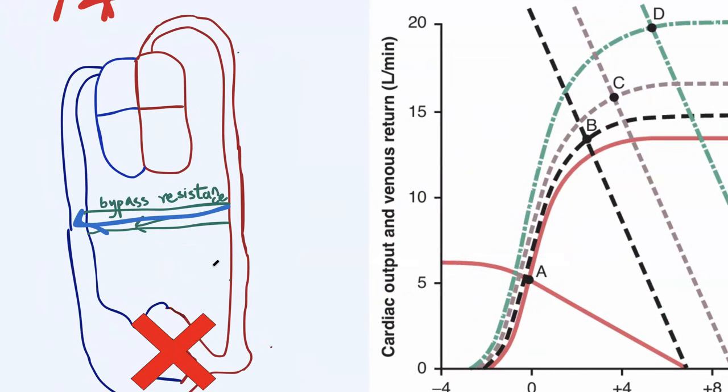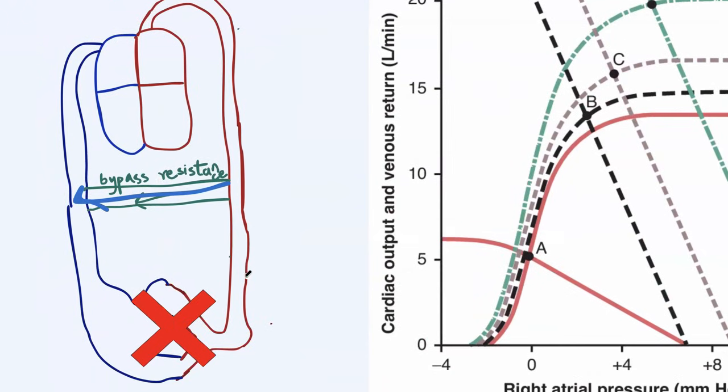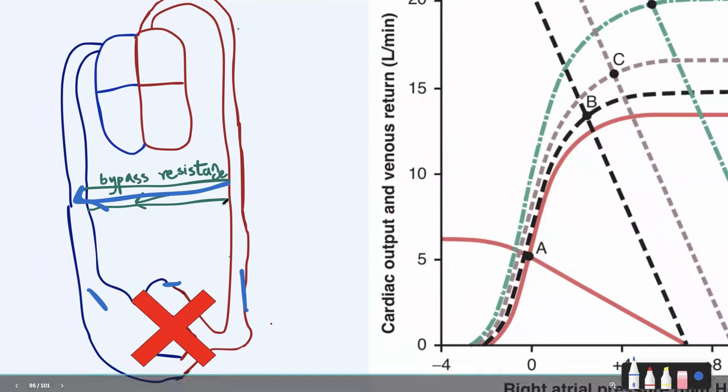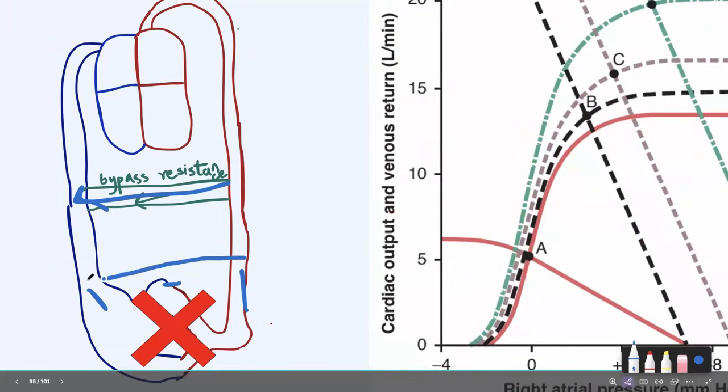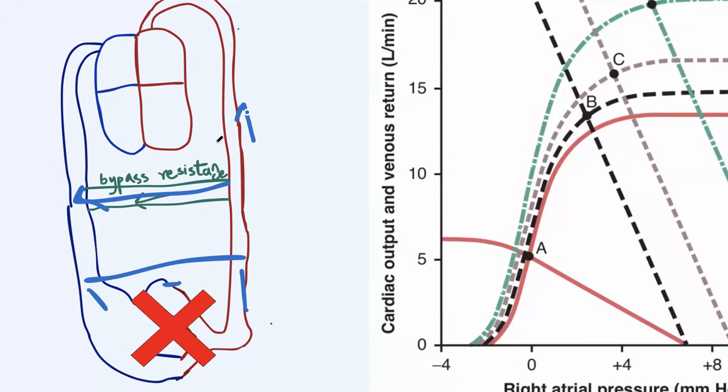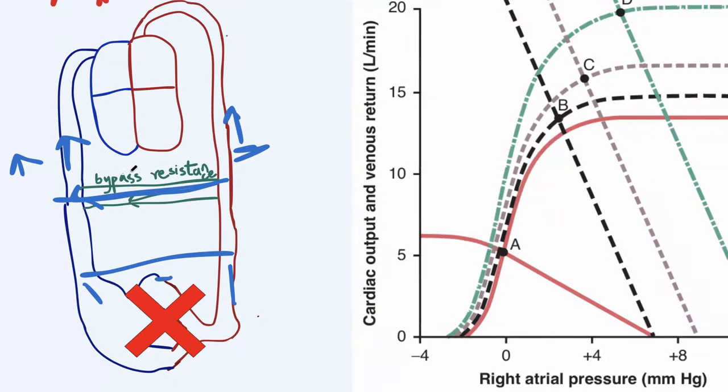What that does is it bypasses all of these arterioles, capillary beds, and venules. It bypasses all of this peripheral resistance and just goes from high pressure to high pressure again, because arteries are always at a higher pressure, right? And if you connect them to the veins, which were initially at low pressure, they are also going to become high pressure. So what happens in this case?